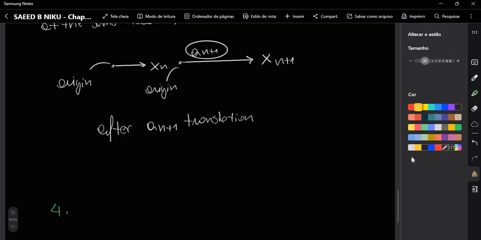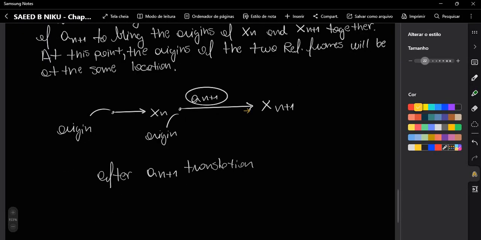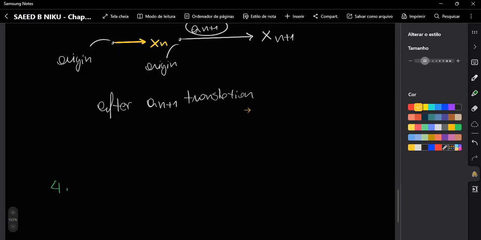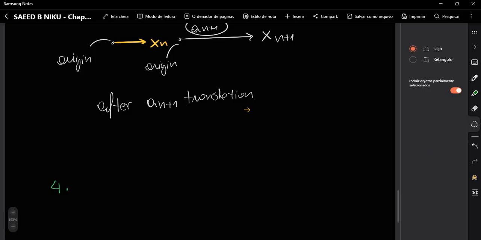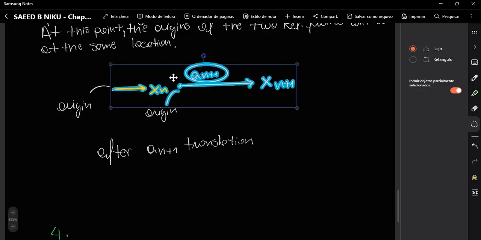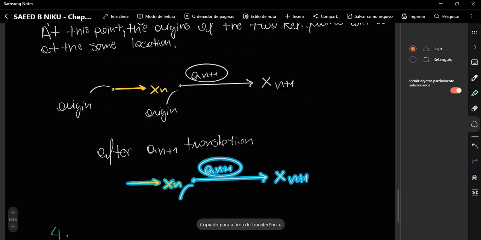Now let me change this color, and they will be one above the other.